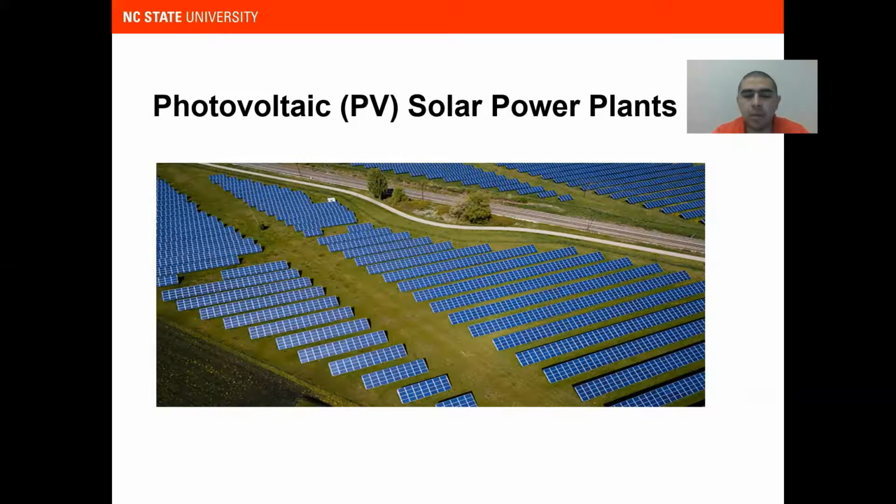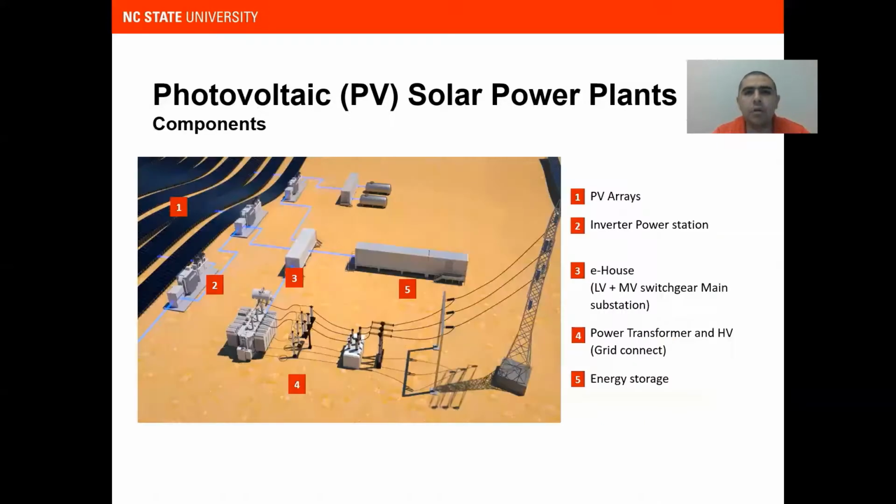So let me talk about the components that you are going to find in a photovoltaic or PV power plant. Here I have identified five major components that you are going to find in a PV system. Number one, we have the PV arrays. I'm going to talk about what a PV array is, but essentially this element is the main component of the PV system.